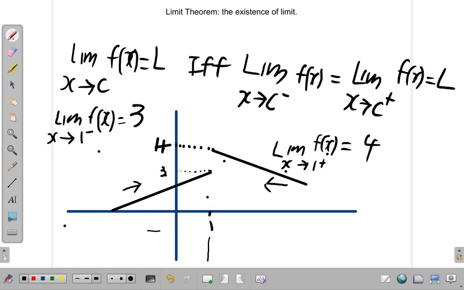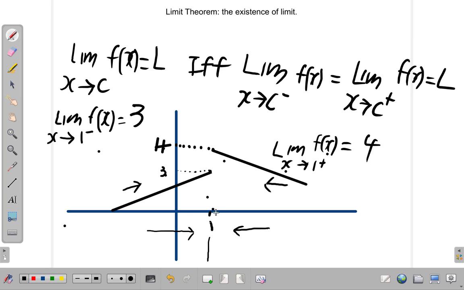We can approach 1 from the left, that is the negative side, or from the right, the positive side. And we realized earlier that the limit as you approach 1 from the negative side is 3. The limit as you approach 1 from the positive side is 4.